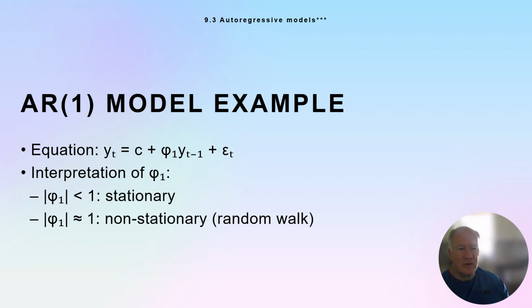For the interpretation of phi1, if the absolute value of phi1 is less than 1, it's stationary, and if phi1 is about 1, it's non-stationary and equal to a random walk.